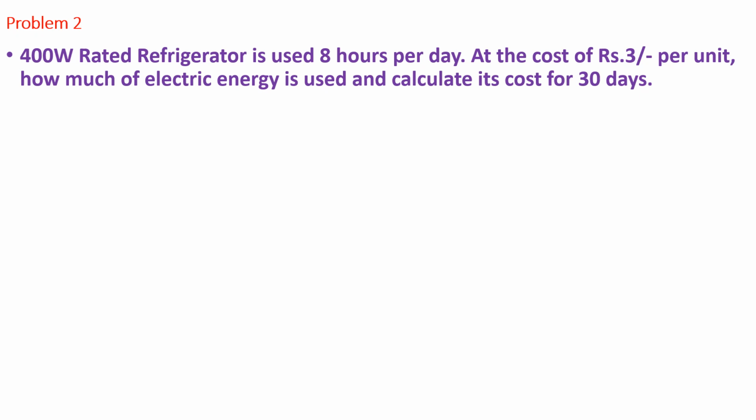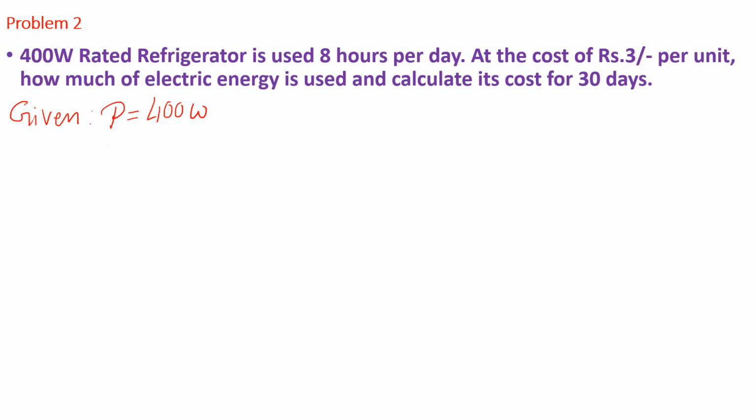The next question which is asked is, a 400 watt rated refrigerator is used for 8 hours per day. That means the given values we need to write. So given values are, the watt, that is power, is equal to 400. It is given that the 400 watt refrigerator is used for how many hours?